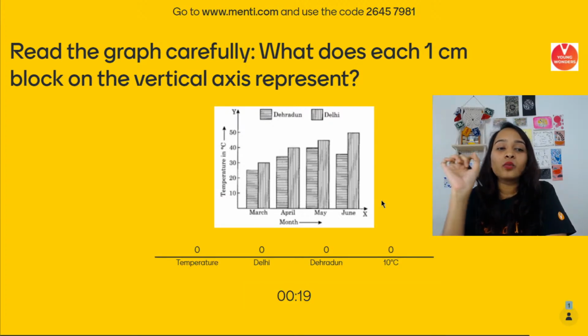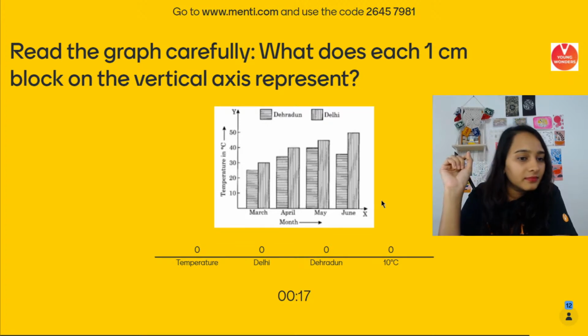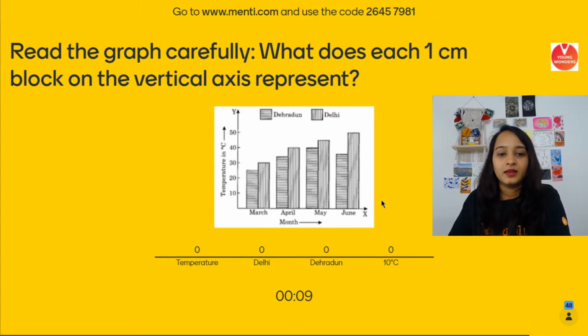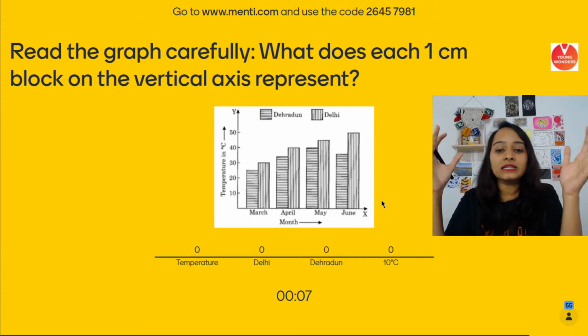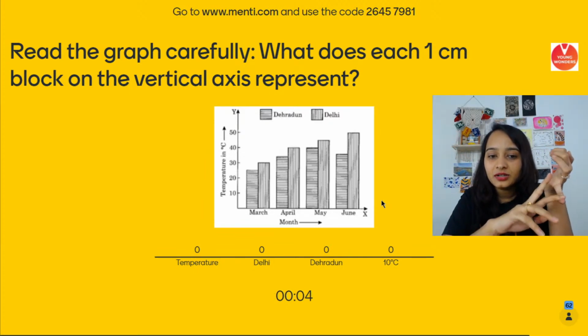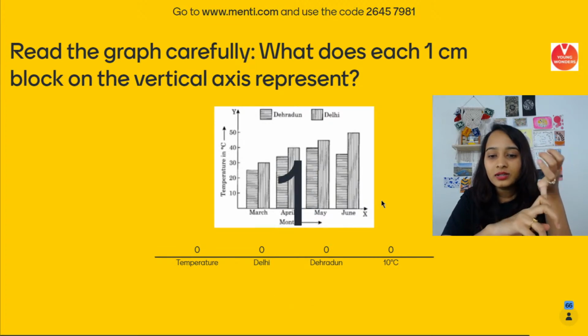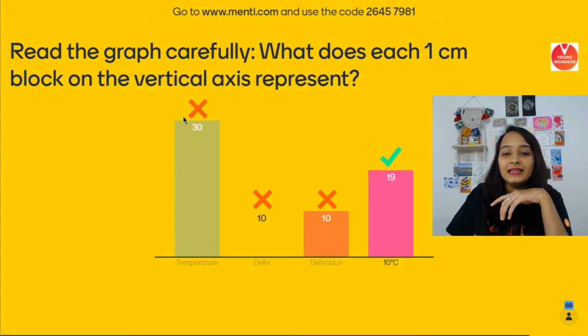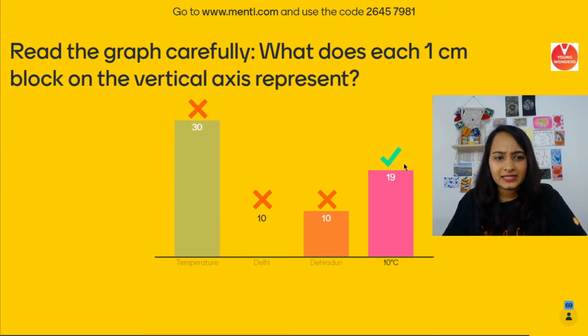What does each 1 centimeter block on the vertical axis represent? The vertical blocks that you're seeing, what does it represent? Does it represent temperature, Delhi, Dehradun, or 10 degrees centigrade? Exactly. Okay, this seems to be a bit wrong here. It represents temperature if I'm not wrong. So let me just, okay, give me a minute.